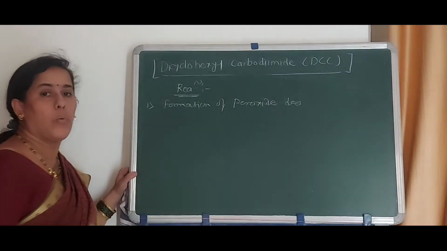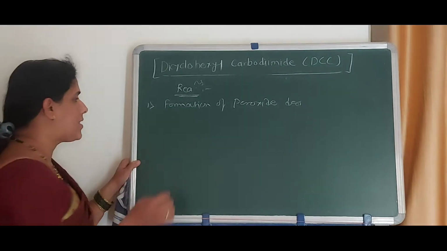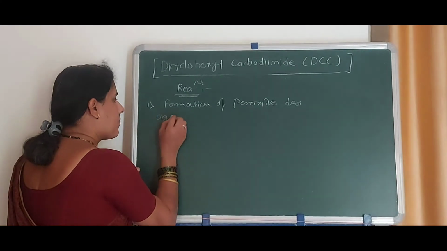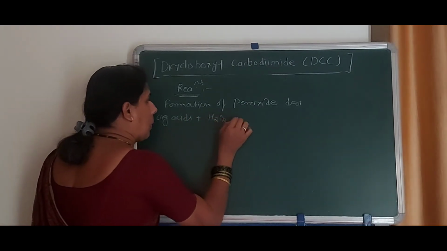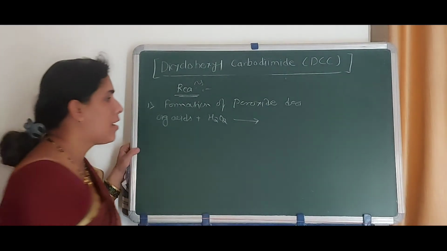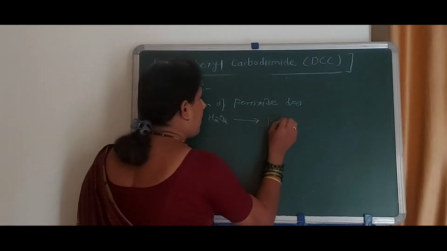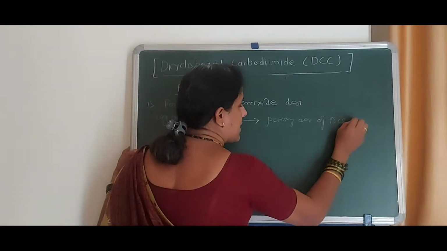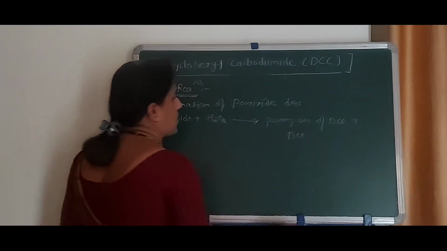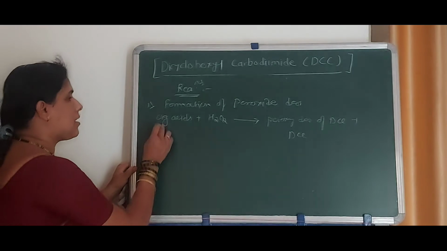When organic acids react with H2O2, there is formation of peroxide derivatives, with DCC also. What is the reaction here?